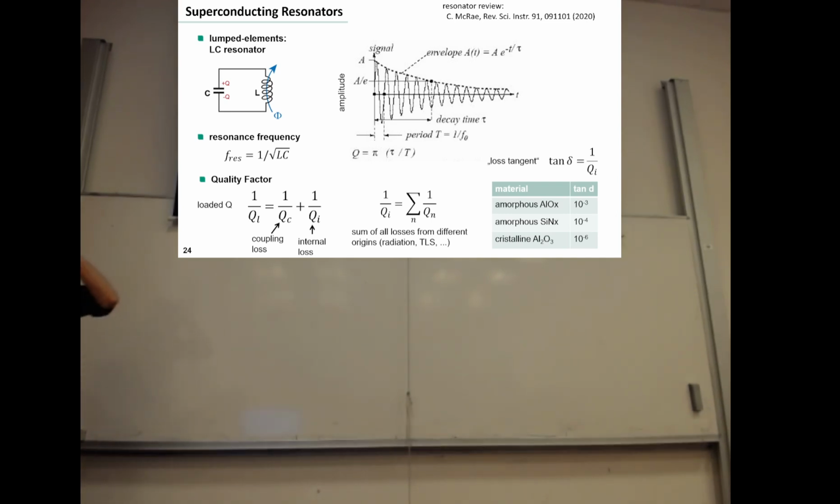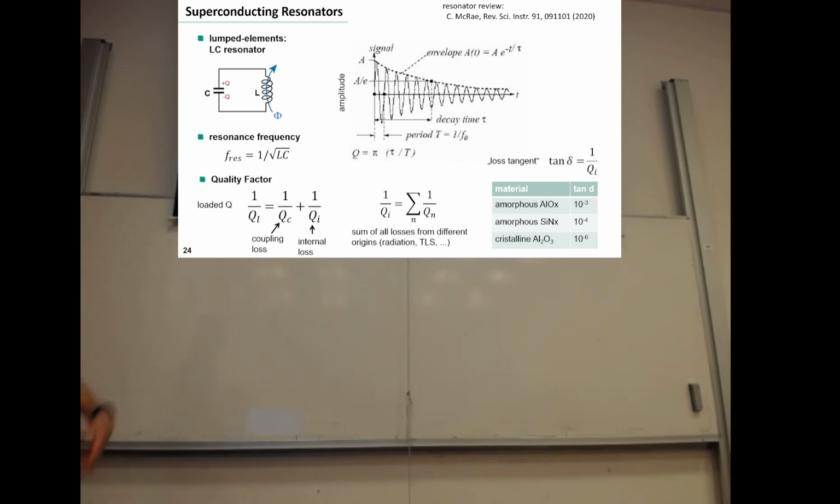A few general words about superconducting resonators. We have an electrical system, which you can model as an RC resonator. You can imagine a capacitor carrying some charge. The charge can move through some inductor, generating some magnetic field, to the other side. So this charge will oscillate back and forth, and the energy will always be converted between charging energy and inductive energy.